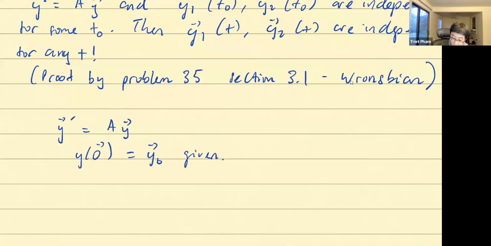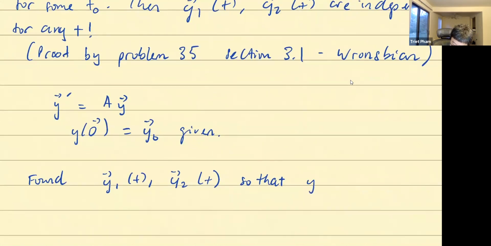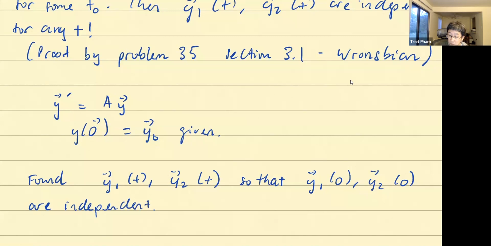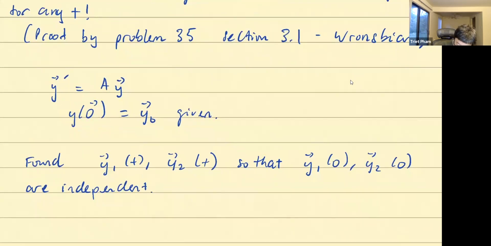Now let's say you found y1, y2 so that at time 0, they are independent. Then y1(t), y2(t) will always be independent. That's guaranteed by what I just said.